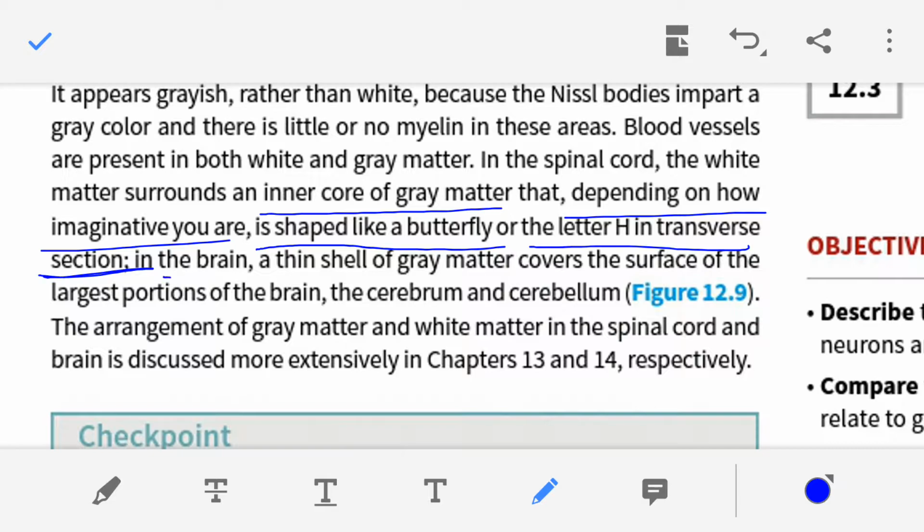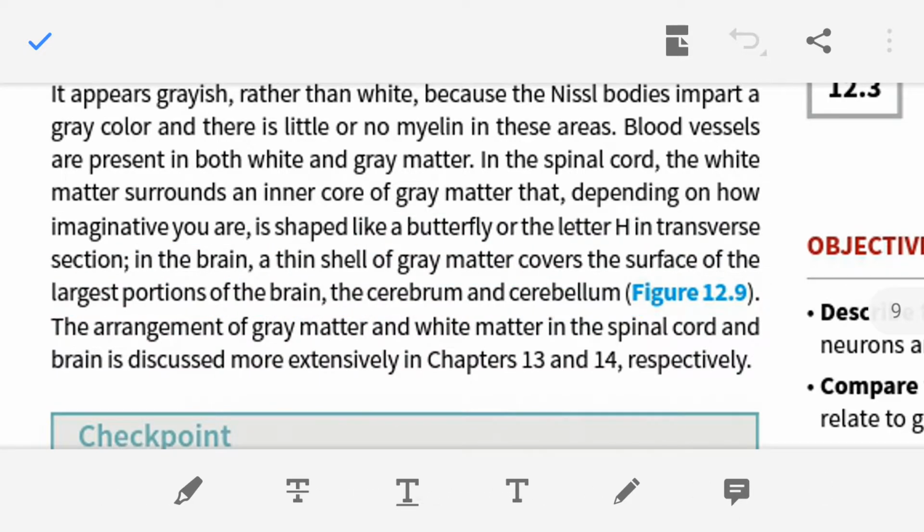And in the brain, the thin shell of gray matter covers the surface of the largest portions of the brain, that is the cerebrum and cerebellum. So in the cerebrum and cerebellum, towards the surface, the gray matter is present and it is covering the internal white matter.